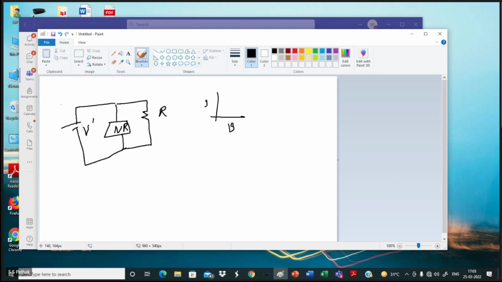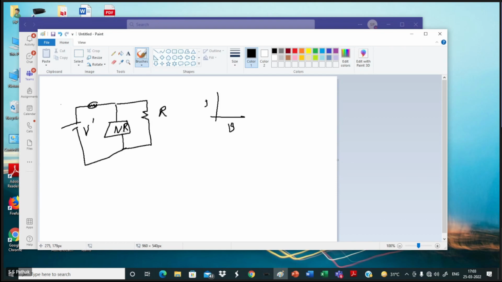So V dash and this V will be the same. What about the current? Current will be changing because the current will be flowing through this R. That current will be subtracted from this current going inside that. So that will be, here is my total current. If you want, you can put a resistance here also. You can put a resistance, but anyway, I'm leaving it up to you. It is like that.